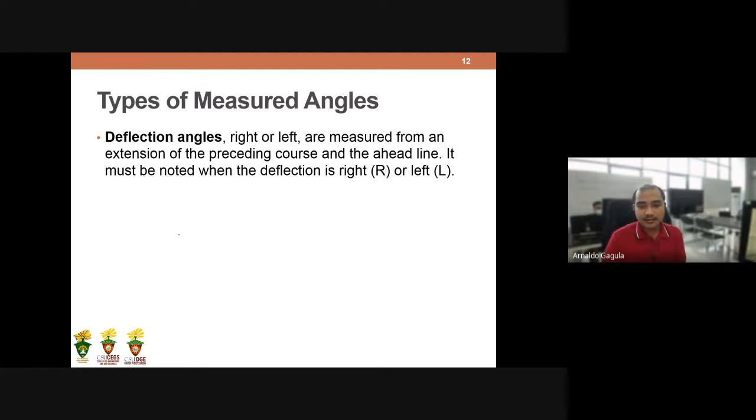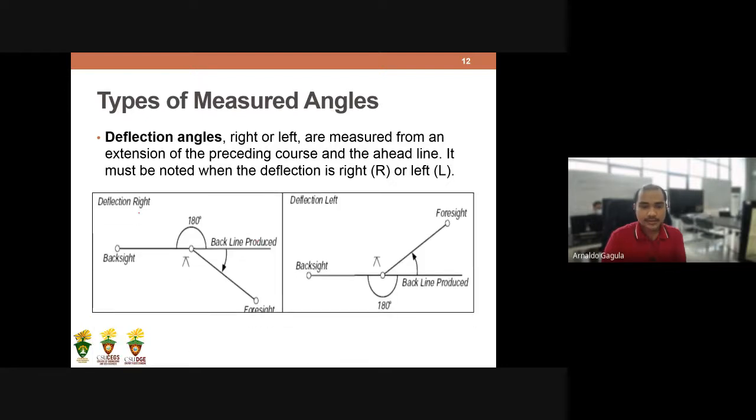So you extend the preceding line, as in their example. So this is your station observed, for example, this is your backsight and this is your foresight. So deflection is from the preceding line toward your direction. From the backsight, you just extend the line, then go to the next point which is the foresight.